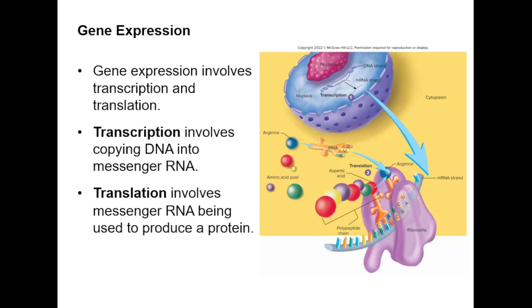What happens here is that a copy of the DNA is created, and that copy is called mRNA or messenger RNA. In translation, it involves the use of that mRNA to produce the protein. So let's start discussing them individually.